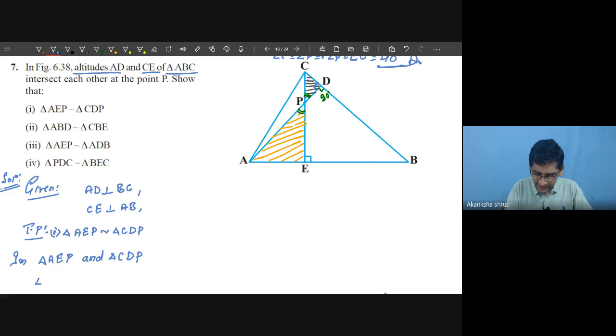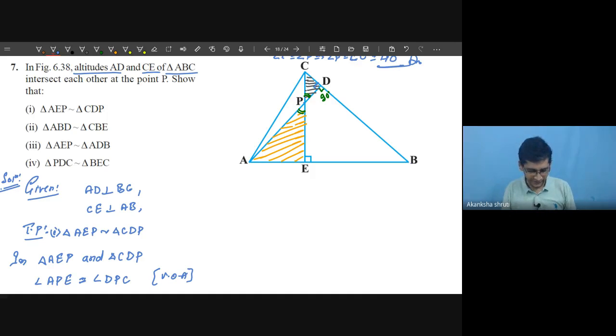So start with vertex A, then P, then E. So angle APE is equal to angle, the other one you may take CPD or DPC. Here you are free to write either as CPD or DPC. That doesn't matter. So angle DPC. Why? Because they are vertically opposite angles.